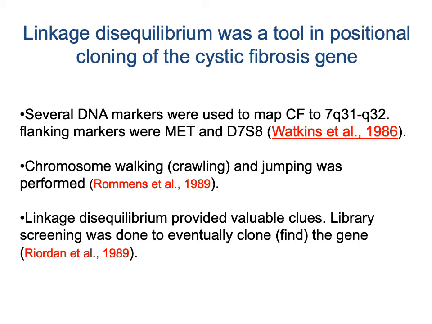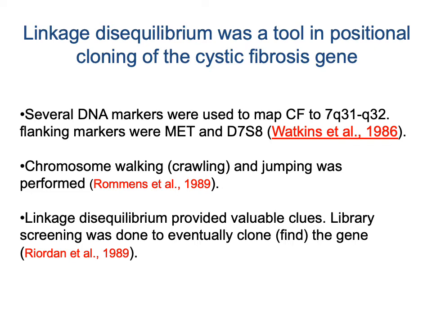Okay, so I mentioned briefly that linkage disequilibrium was a tool that was used in positional cloning, especially for the cystic fibrosis gene. Several DNA markers were successfully used to map cystic fibrosis to the region of chromosome 7 called q31-q32. That's just a particular spot within the q arm. And the flanking markers were eventually narrowed down to MET and D7S8. Remember, MET is one of the ones that we saw in the Watkins paper.